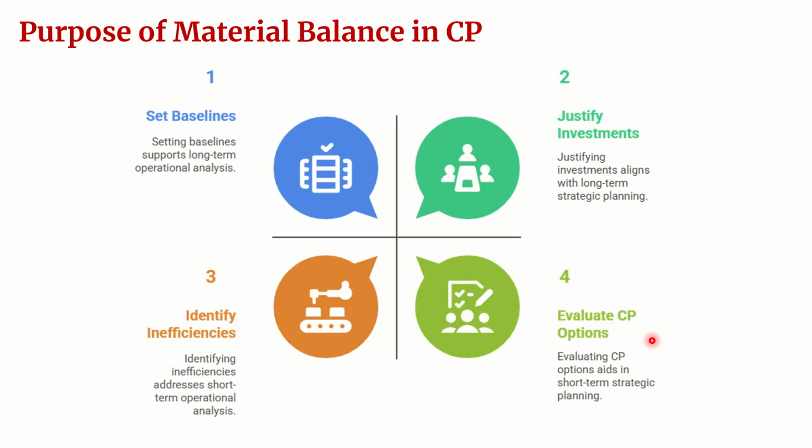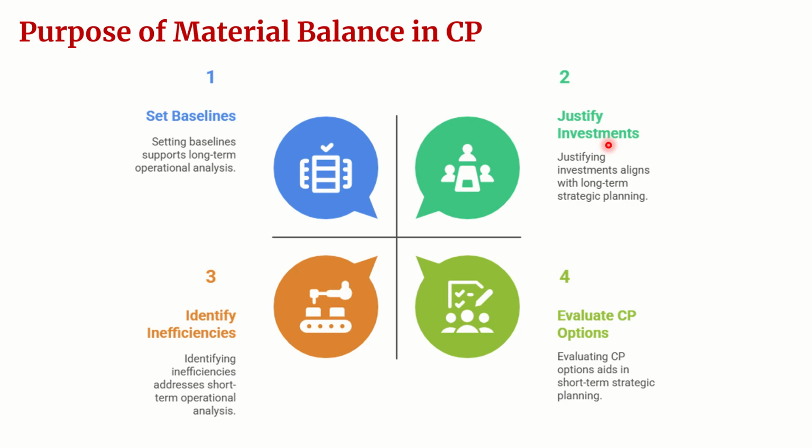So what are the purposes of material balance in achieving cleaner production? So it sets the baseline. Establish the current resource consumption and waste generation rates for future comparison. Then justify investments.